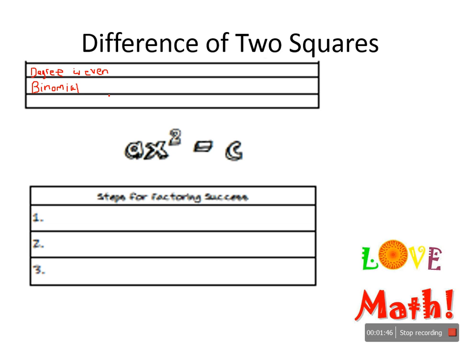And then the last thing is that both A and C must be perfect squares. So both A and C must be perfect squares.